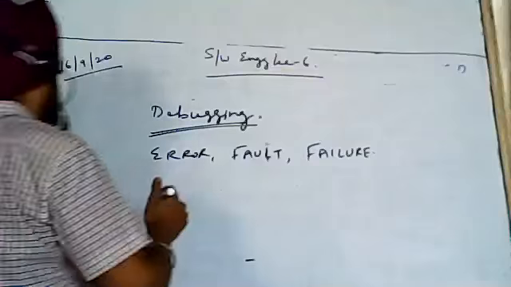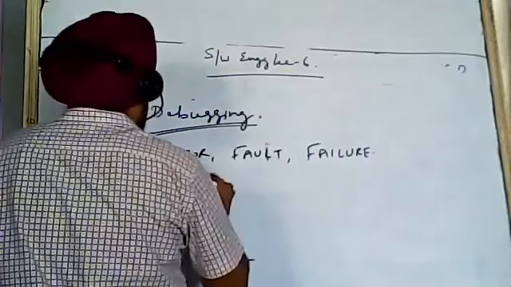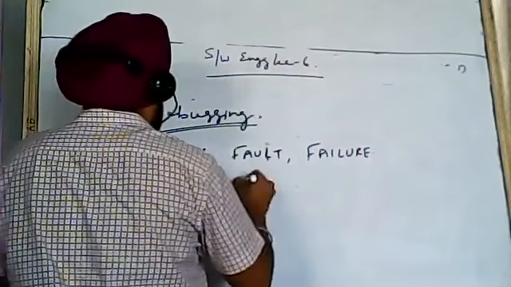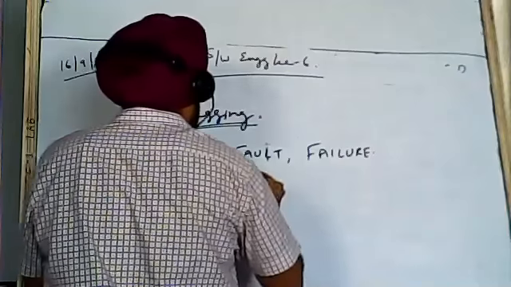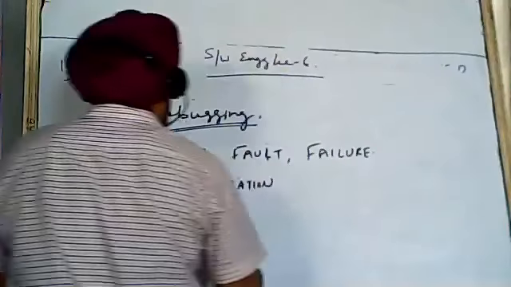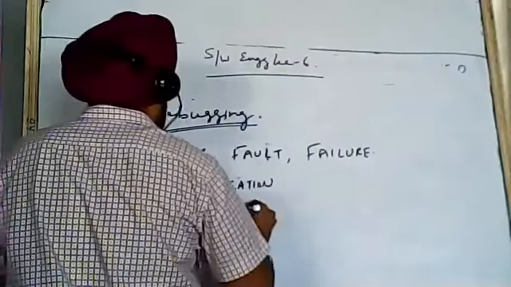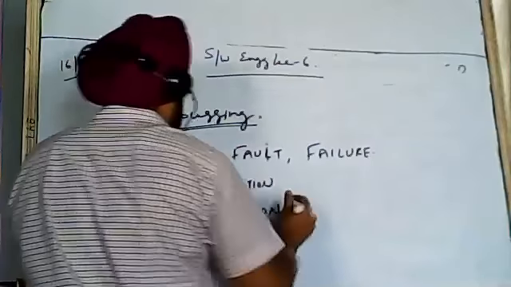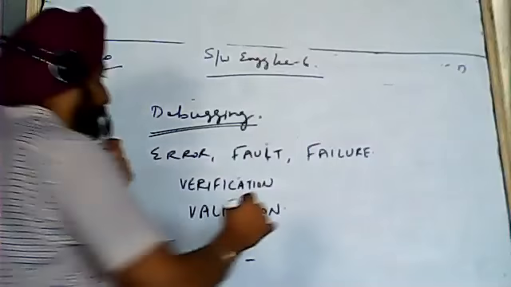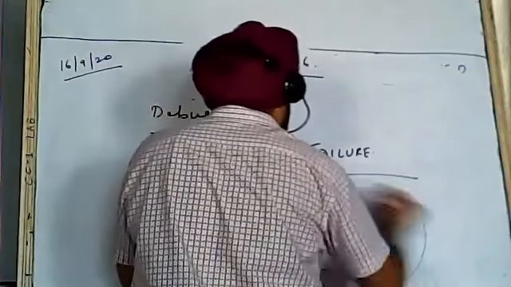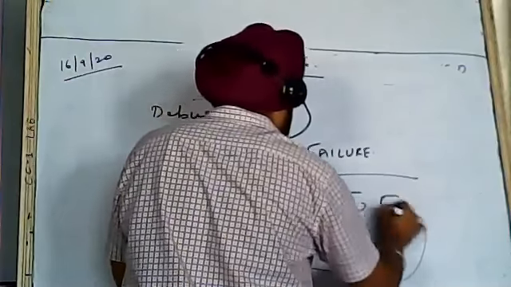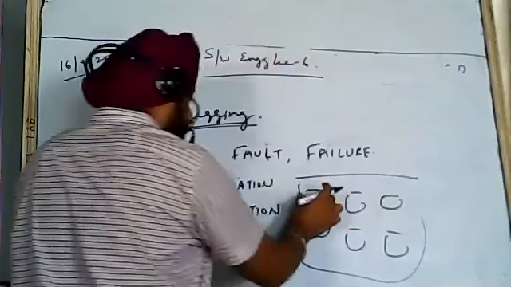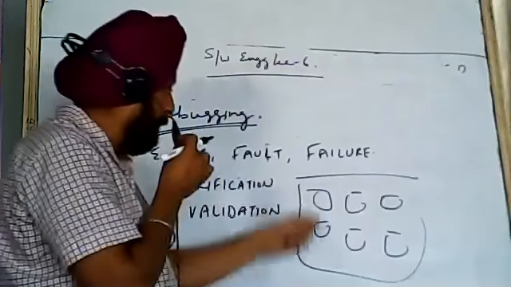Then there are some important terms: verification and validation. Verification is like this: your whole software is there, and coding has been done in modules, with different coding for different modules.